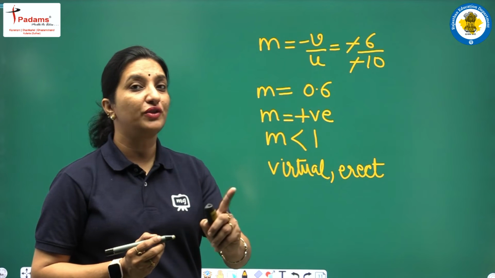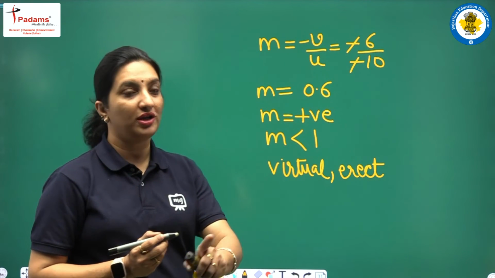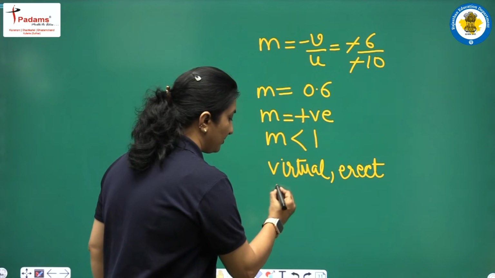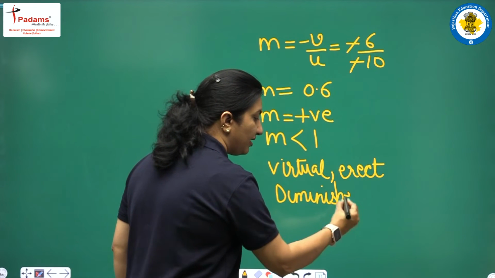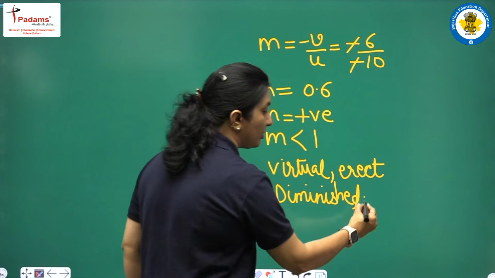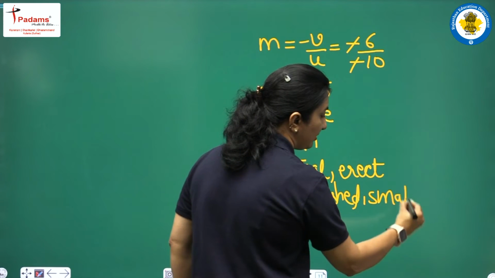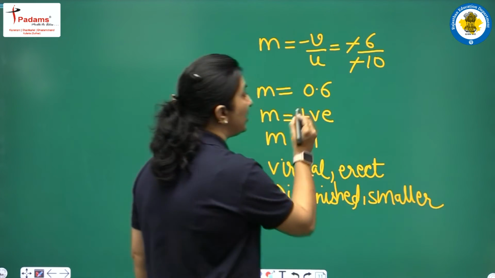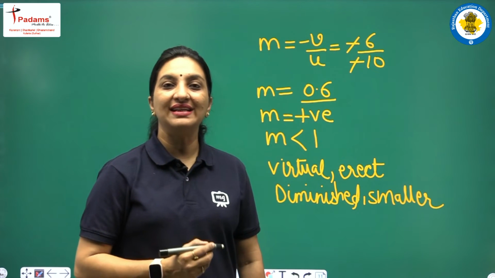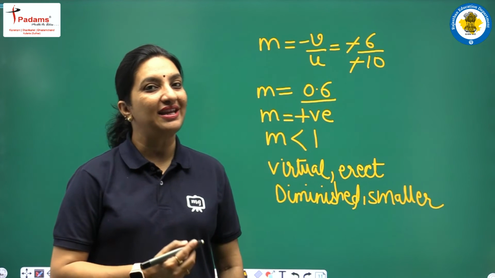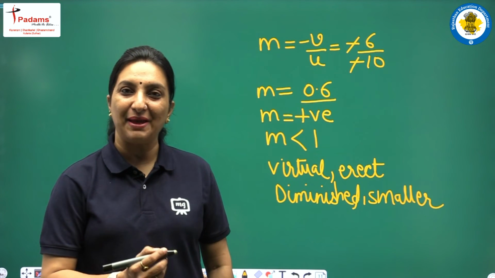That is, the size of the object gets smaller. So here the image is, we can use the word diminished or we can use the word smaller by a factor of 0.6. So we have calculated the nature of the image by calculating the value of M.